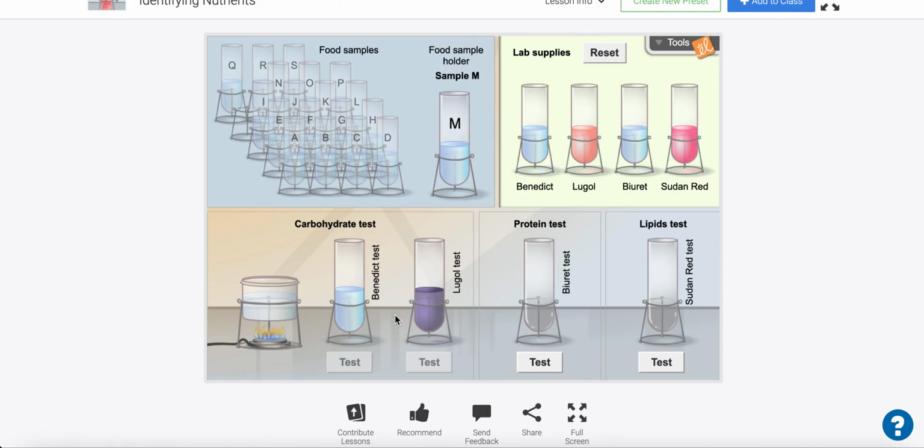It's a dark color. They say black, but it could be considered purple. That's a negative test. Also negative. So we got negative, positive, negative, negative. All right, so you should be able to fill out the rest of that chart, and then you should be able to answer the two questions below the chart.